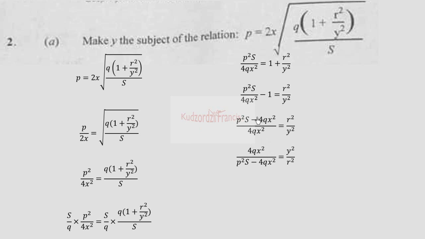That means we are reciprocating both sides to get this. Now that y is the numerator, we can simply multiply both sides by r squared, and that will give us something like this. So we now take plus or minus square root of both sides to get this. So you can leave your answer like this.